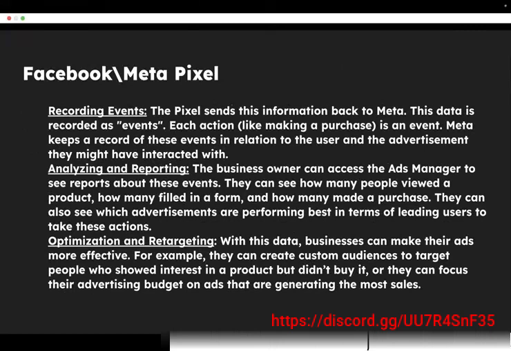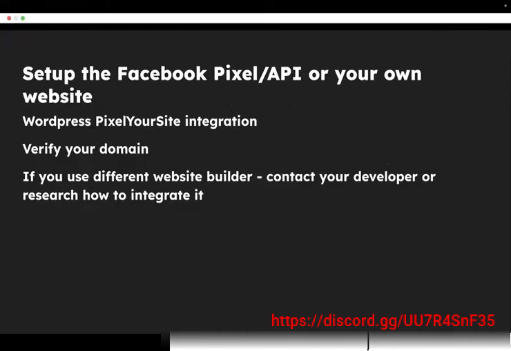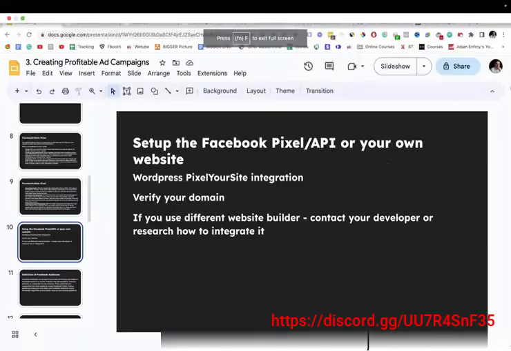You just need to know that the pixel records events on your website, and based on those events, you're able to target more accurately. Those are the basics of the Metapixel. Now, let's go to your website and let's install the Metapixel.